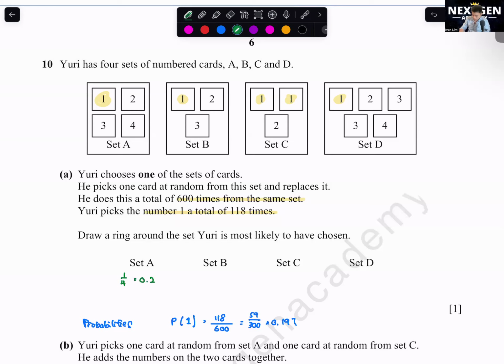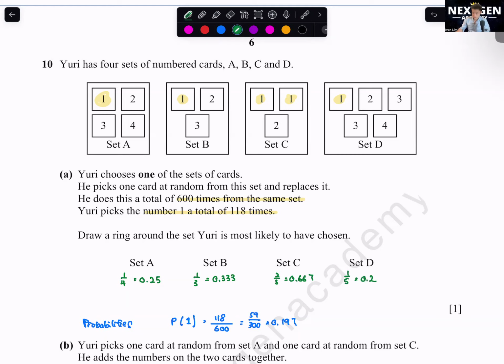The other one, 1 over 3, will be 0.333. The next one, 2 over 3, will be 0.667. And set D, 1 out of 5, is 0.2.